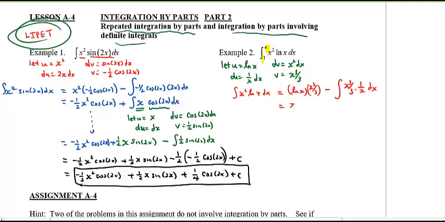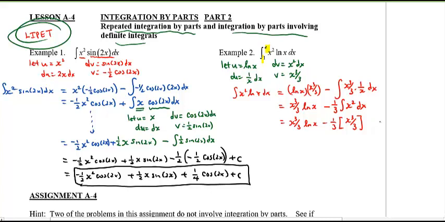I'm going to simplify this by putting the x cubed over 3 in front. And then here with my integral minus, this will become a 1/3 in the front. And I'm left with just x squared dx. And I can then quickly go ahead and continue on taking the integral of x squared. That, of course, is just x cubed over 3 again.